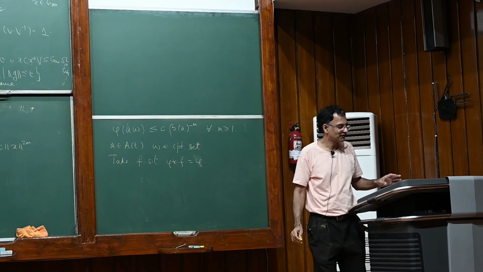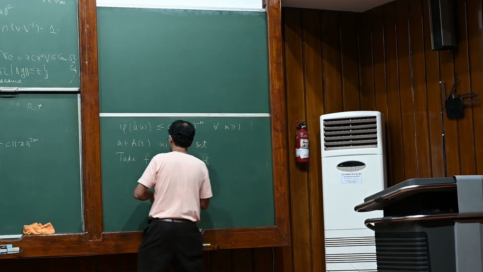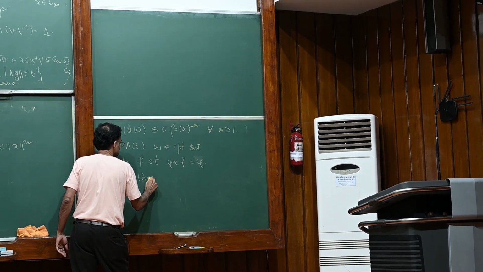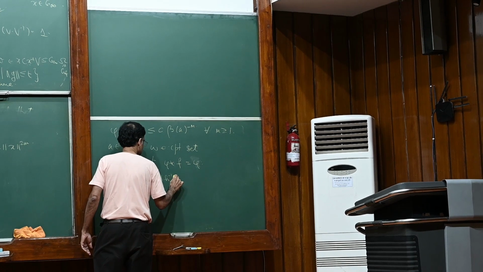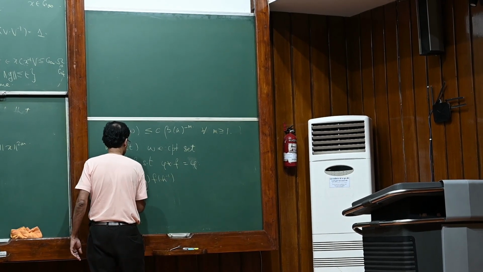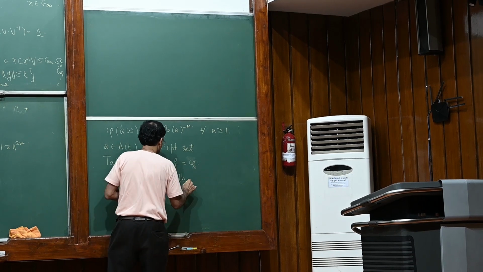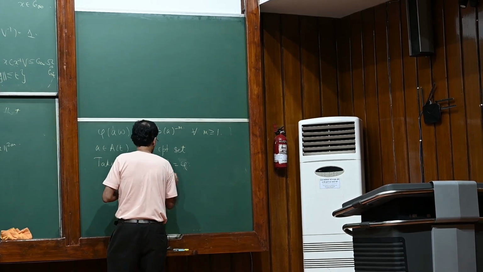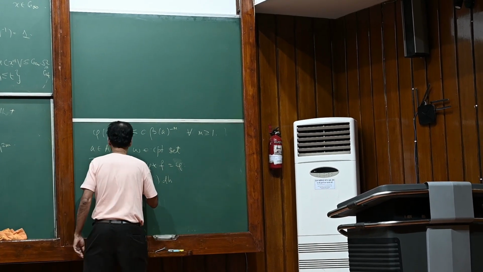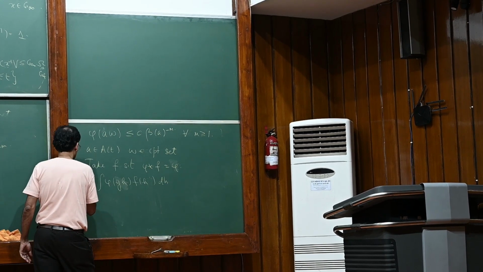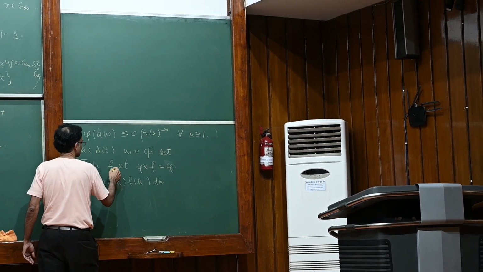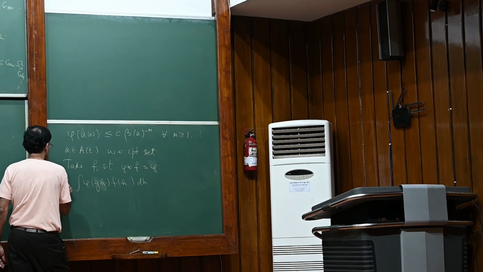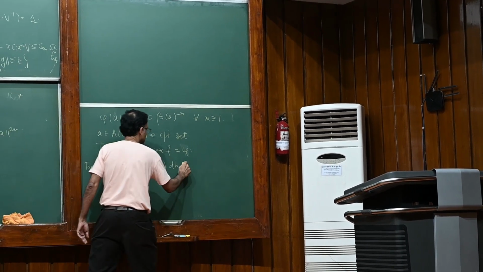Phi convolution F is, of course, by my formula, the integral of phi of H, G F of H inverse G, DH normally, but I can just assume that this is true. So there exists f. Take f, which is of course just f1 of H inverse, such that this is equal to phi.